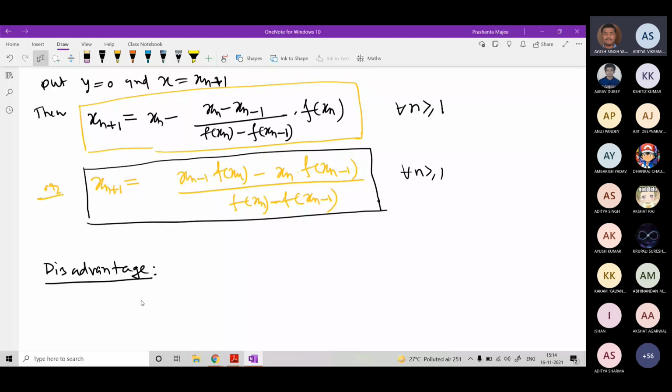Is convergence always guaranteed? No, sir. So the first disadvantage of this method is that it is not always convergent.